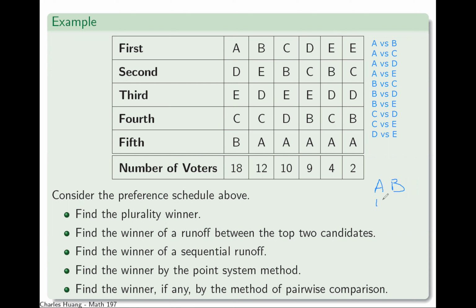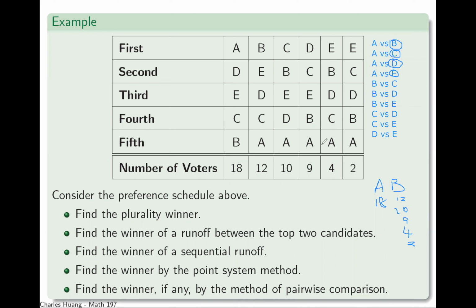A gets 18, and B gets 12 plus 10 plus 9 plus 4 plus 2. We have to do all that, and we can find that B wins, right? B wins, and we can find out with the same thing. C wins, D wins, E wins. Because no one likes A, right? All these people down here, they don't like A.